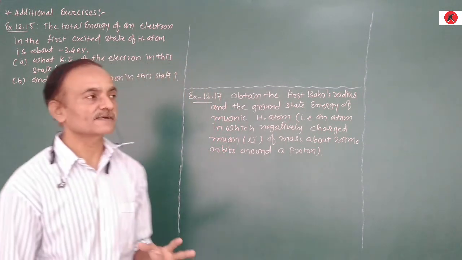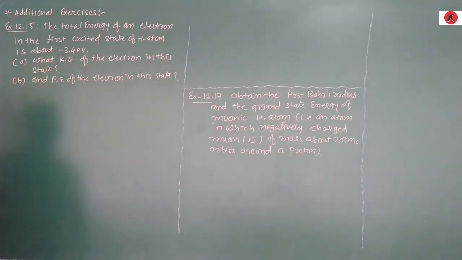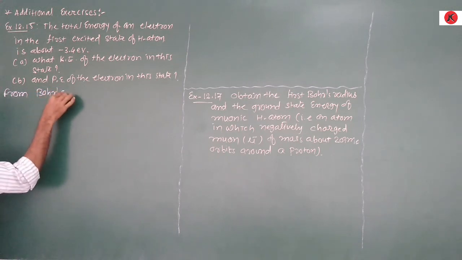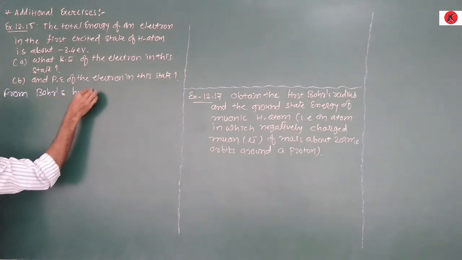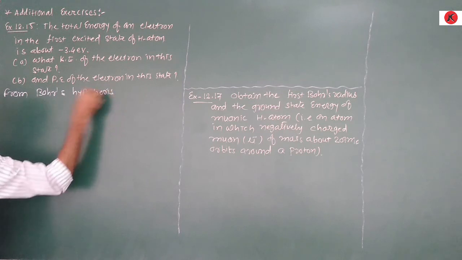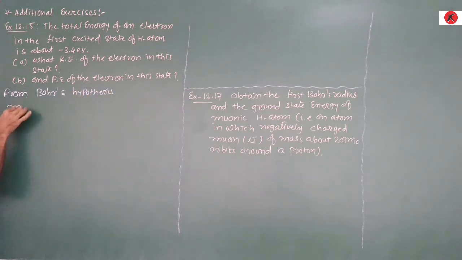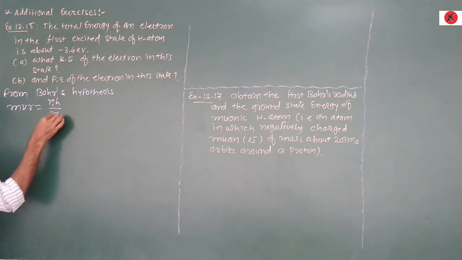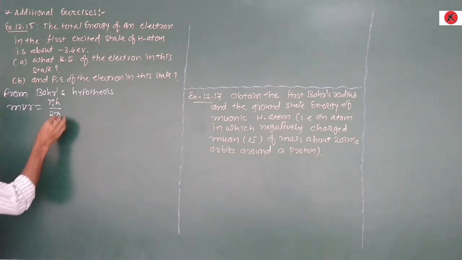For that purpose, we know that from Bohr's hypothesis, the angular momentum is an integral multiple of h upon 2 pi. From Bohr's hypothesis, mvr is equal to nh upon 2 pi. Right?